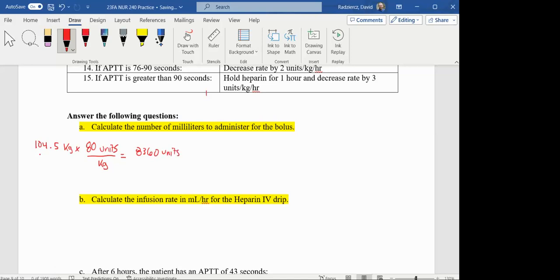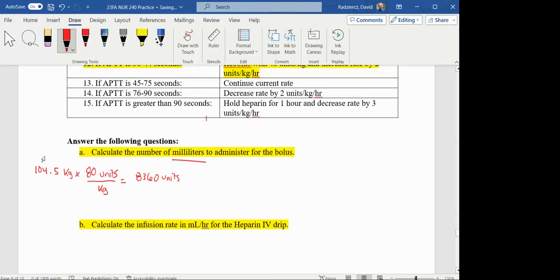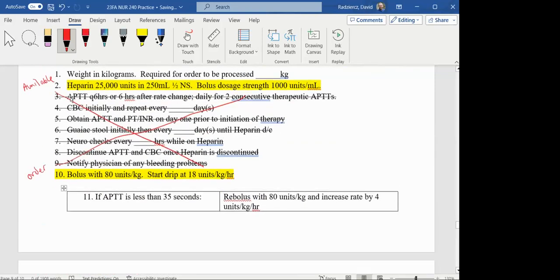So we don't want units, though. That would be how many units to administer, but we're not measuring units out. The question asked for how many milliliters. So that's why we have to go back up to what's available and see that our bolus dose is available at 1,000 units per milliliter.